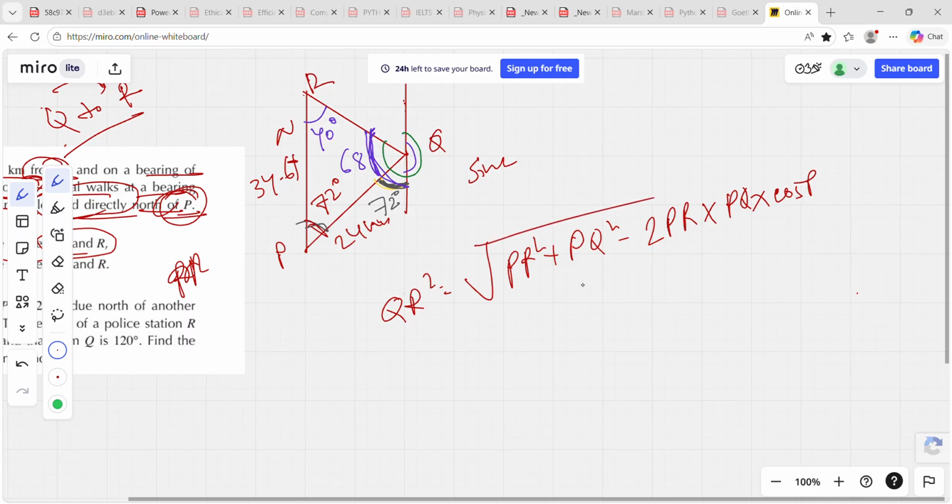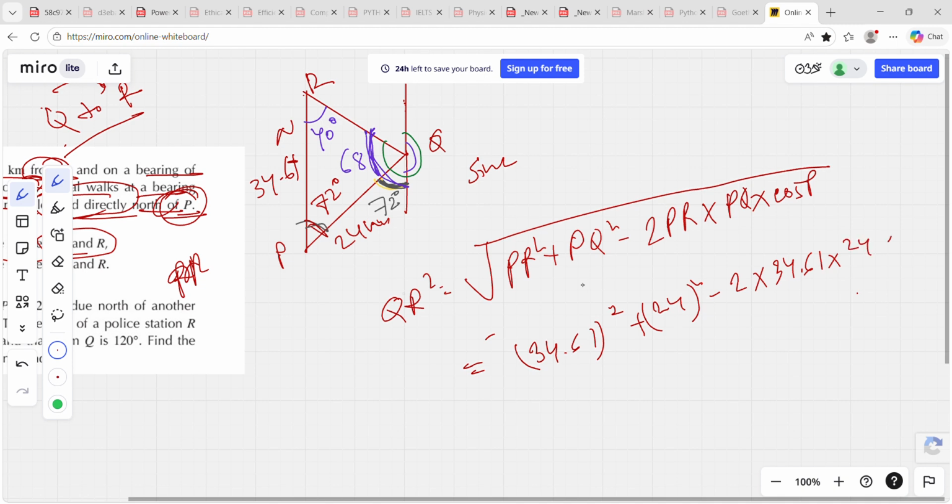Now you have to put the values here. PR is 34.61 square plus PQ, that is 24 square, minus 2 times PR, which is 34.61, times PQ, that is 24, times cos P, which is 72 degrees.